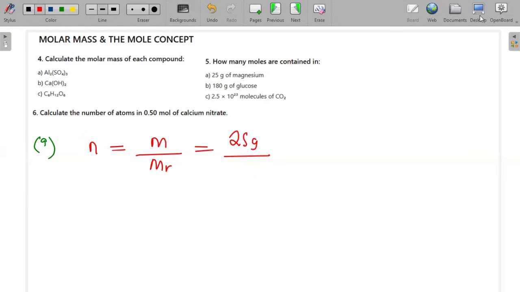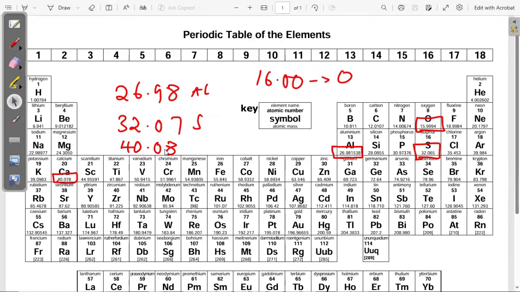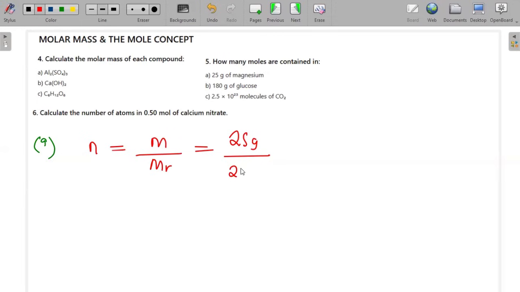You go to your periodic table. Magnesium is 24.3050. I round it off to 2 decimal places, so I'm going to have 24.31. That's what I'm going to use.